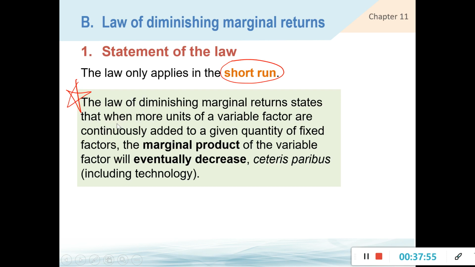OK, state that when more unit of variable factors are continuously added to a given quantity of fixed factors，你見到佢又有 variable factors 又有 fixed factors，所以一定係 short run 嚟嘅。OK，the marginal product of the variable factors will eventually decrease. That means finally decrease.